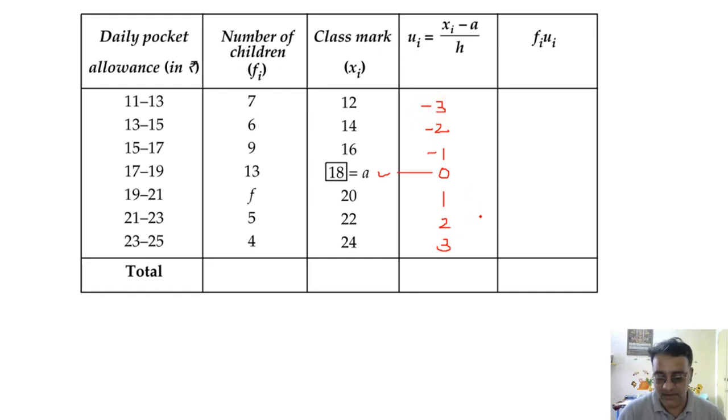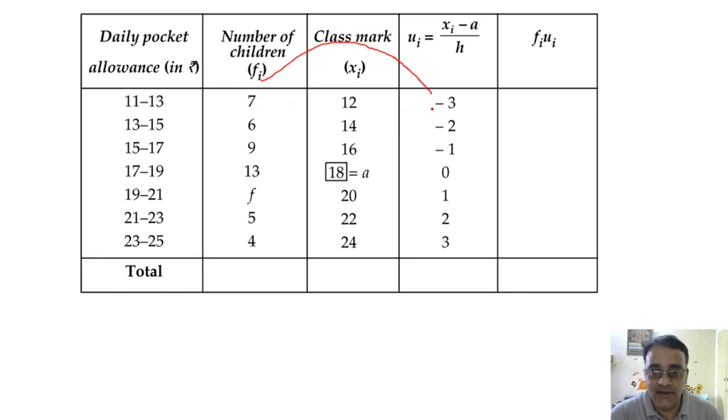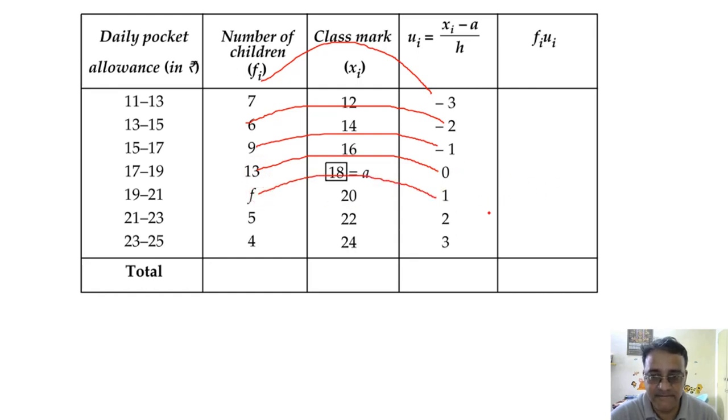Now f into u, next column. So 7 into -3, -21, 6 into -2, -12, 7 into -1, -7, 9 into -1, -9, 13 into 0, 0, f into 1, f, 5 into 2, 10, and 4 into 3, 12.